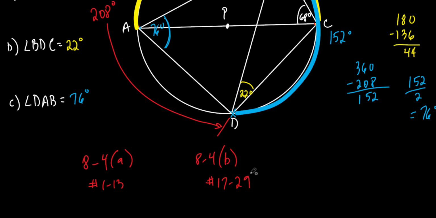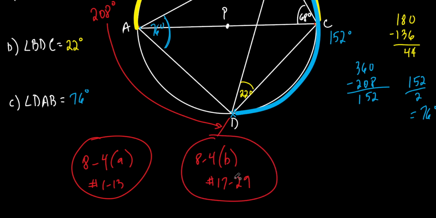I'll collect it on Wednesday, 8-4B. But if you want to get them both done tonight, make them two separate homeworks though. So when you get to 13, don't stay on the same page and start at 17. Change to a different piece of paper. Do both of these separately. But if you want to get them done tonight, then great. Then tomorrow you don't have to do anything, okay?